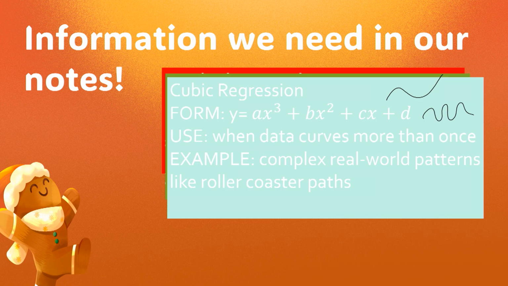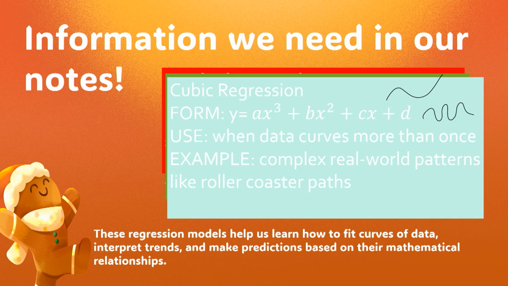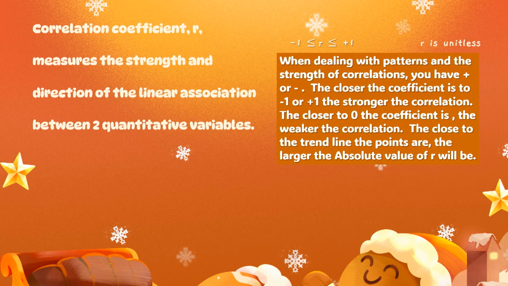And our example is complex real-world patterns, like a roller coaster path. So we want to make sure as we get more into our math that we're remembering these different four regressions. These regression models help us learn how to fit curves of data, interpret trends, and make predictions based on their mathematical relationships.